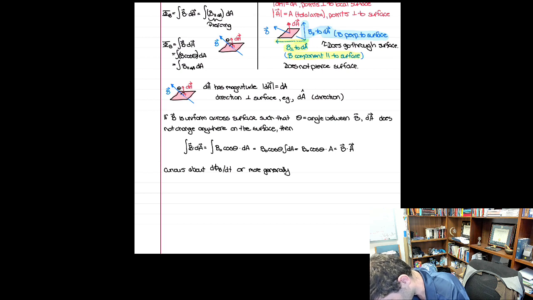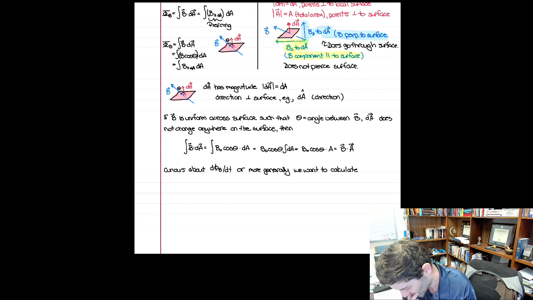The whole point is that there is a change in the magnetic flux through the surface, or more generally, we want to calculate, I'll just write it as, why I'm writing in blue will become clear later on, a delta phi B. We want to calculate a change in flux.